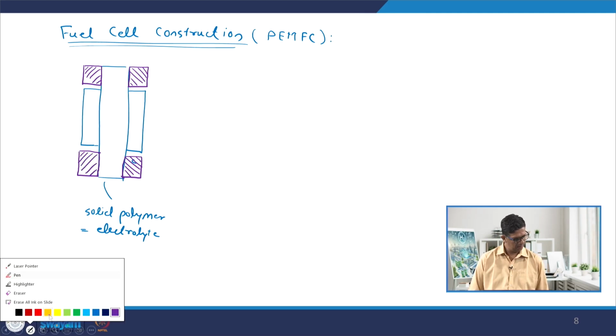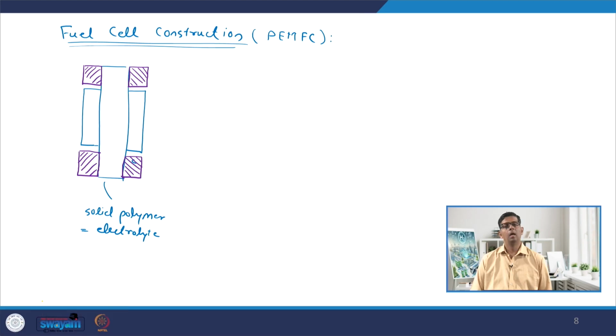We also have something called a bipolar plate. Now, the bipolar plate is very adjacent to the electrode, and it is the one that touches the electrode. So, it has got grooves and channels.